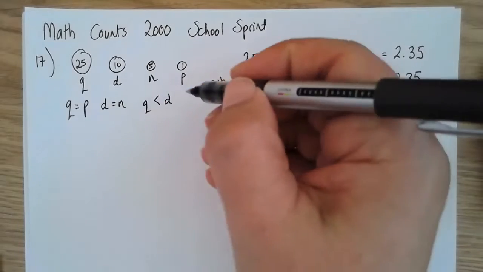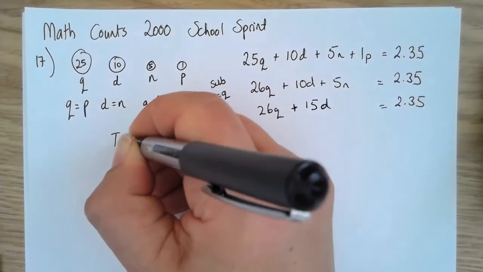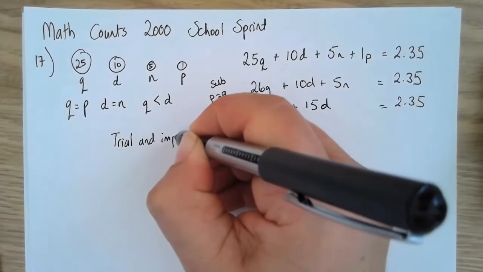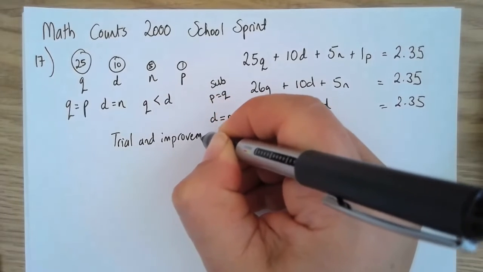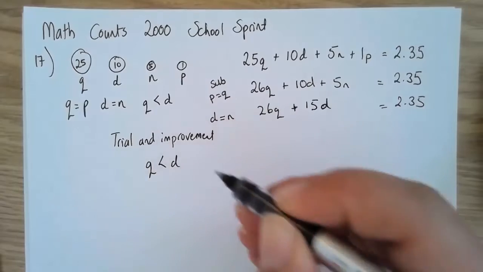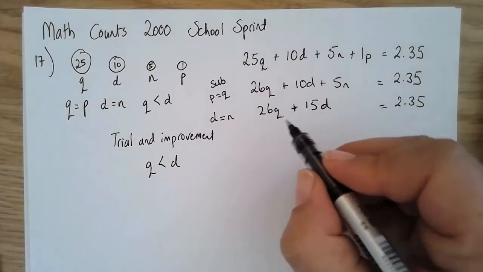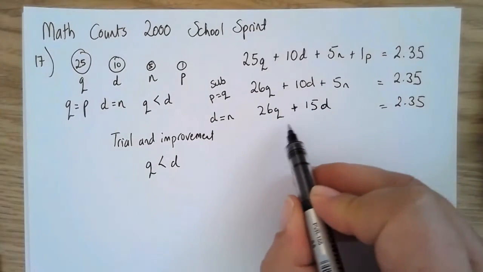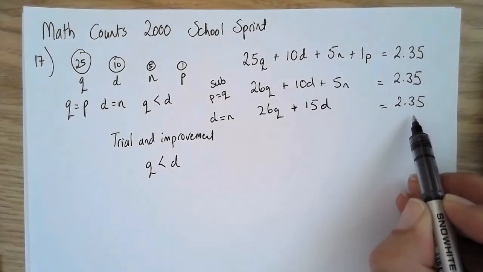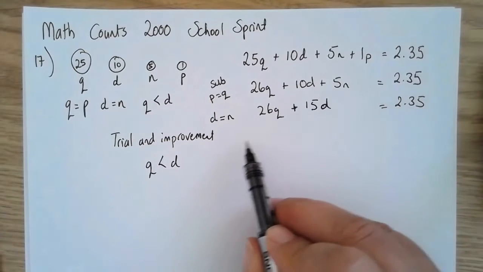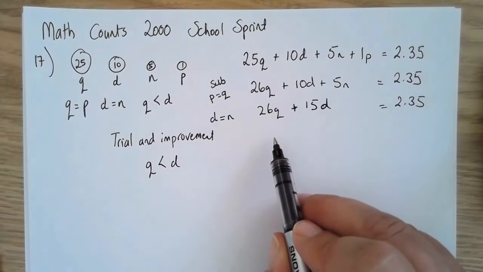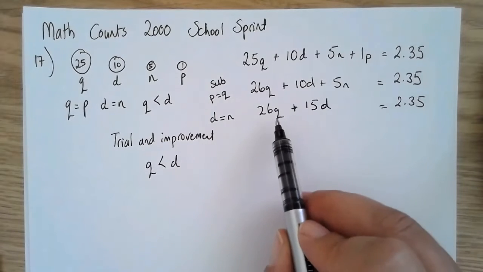And what I'm going to do here is use something called trial and improvement, and the fact that there are fewer quarters than dimes. I'm going to start by thinking about two numbers that Q and D could be. I need to make sure I'm getting exactly to 235, but by giving it a good guess, I can get part of the way there and tweak it if I need to.